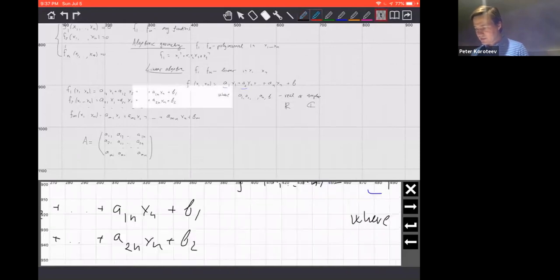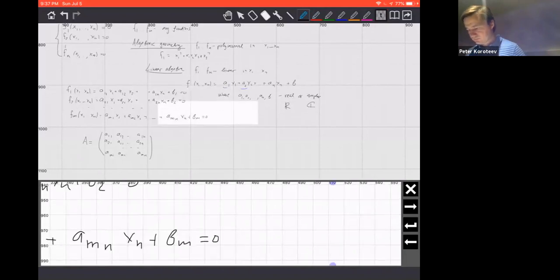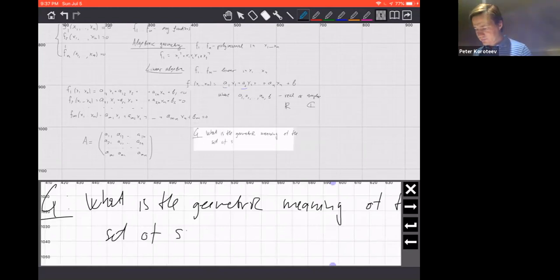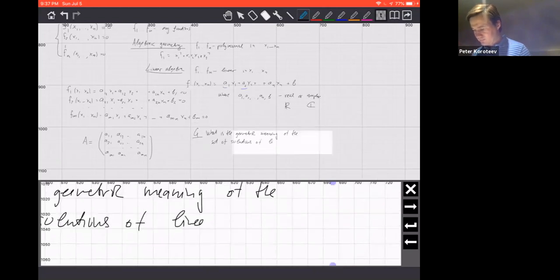Say this is equal to 0, this is equal to 0, etc. So the question is, what is the geometric meaning of the set of solutions of linear equations? In a sense, that's what linear algebra is all about.